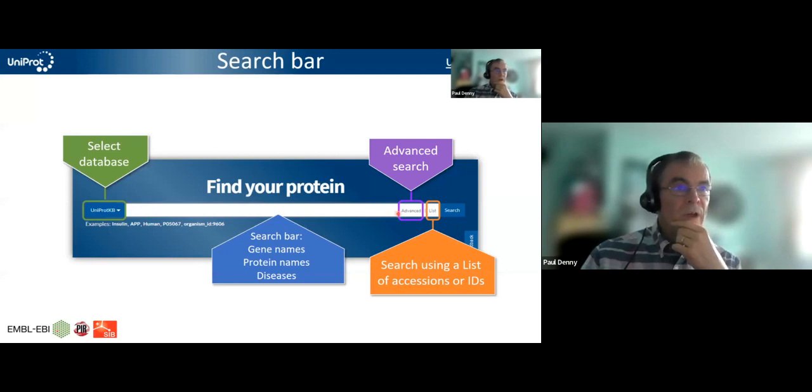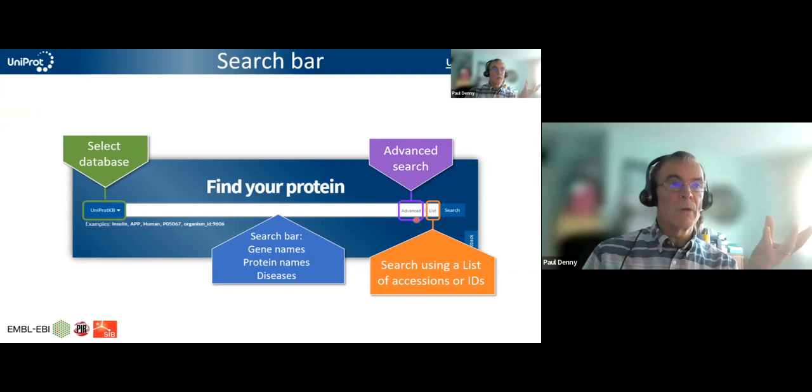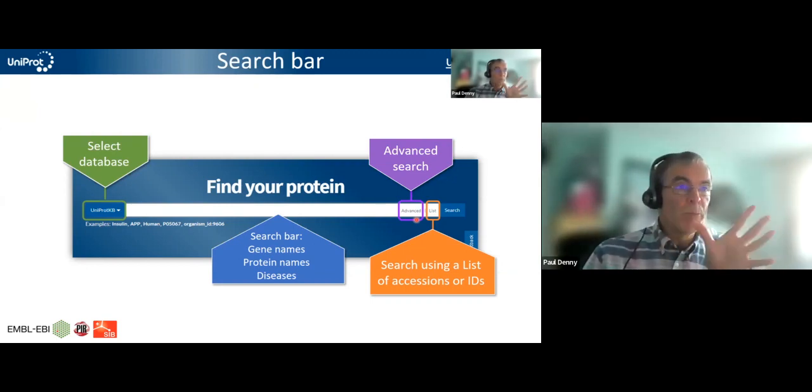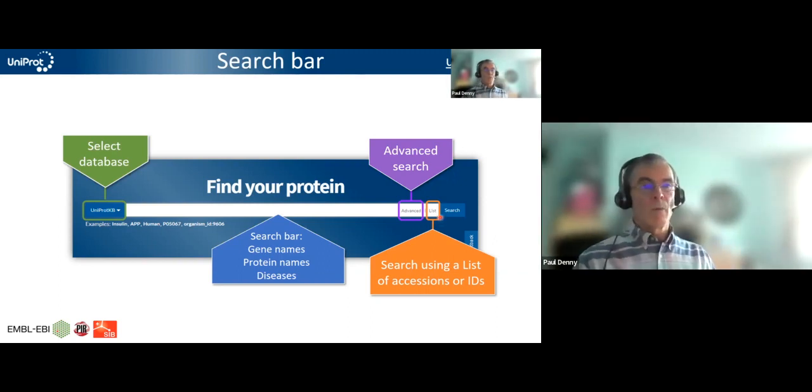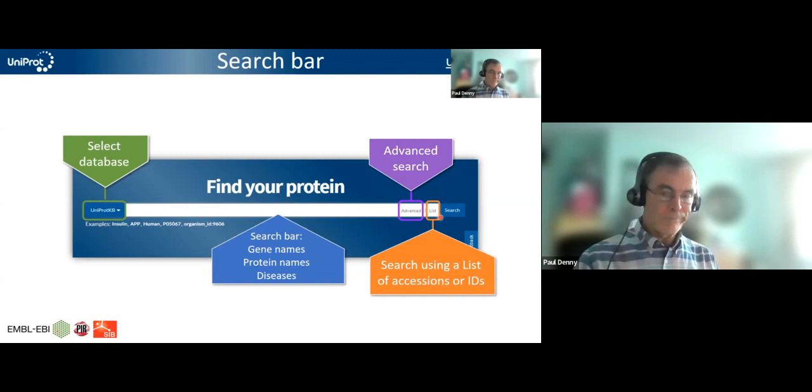Over here on the right, there are a couple of more advanced search tools. One allows you to construct a query, which I'll show you later on, using a combination of terms. And then list refers to ways to take multiple IDs or accessions or information about proteins, a whole set of proteins, and put them in at once.